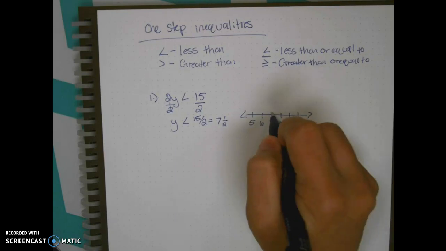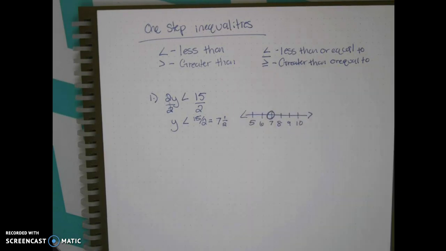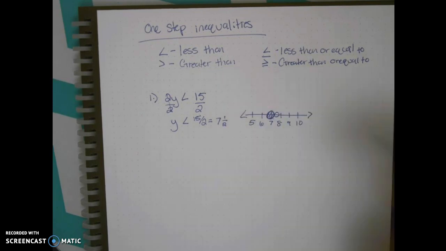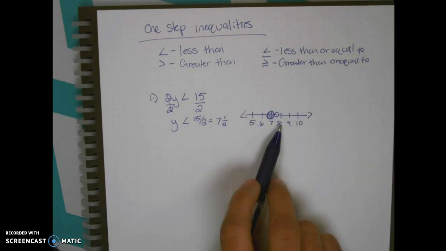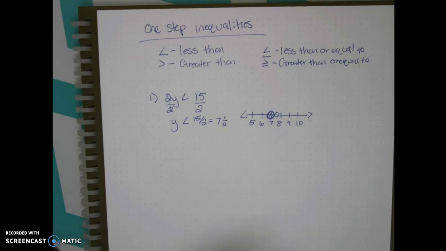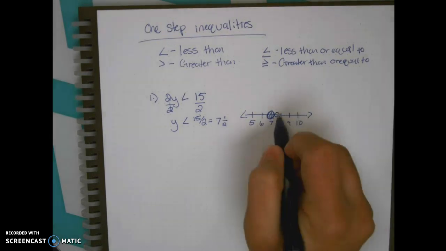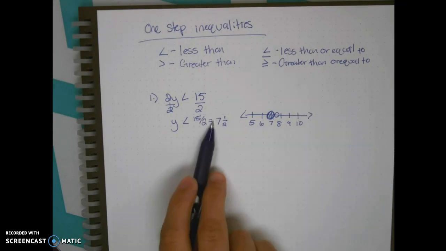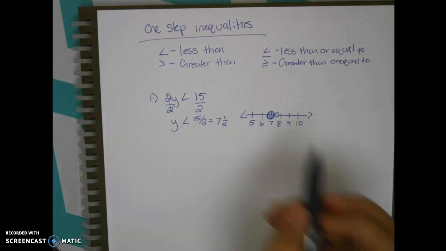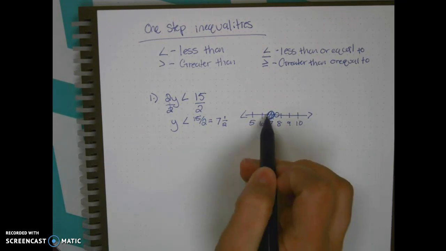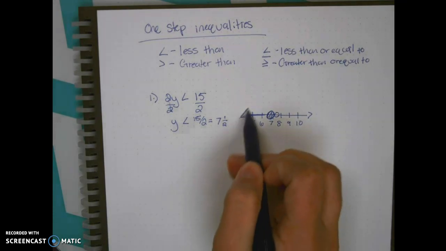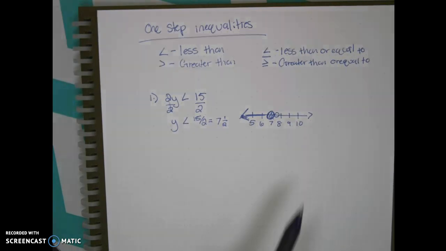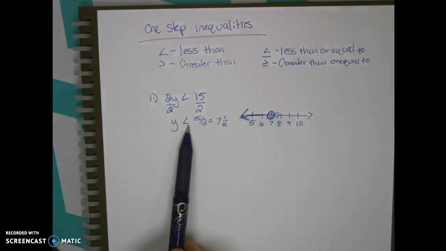So I'm going to put an open circle on 7 and a half, because 7 and a half is between 7 and 8. So I'm going to put my open circle right between 7 and 8, because y is less than 7 and a half. So I know that it's going to shade to the left because it's less than. So y has to be less than 7 and a half in order for it to work.